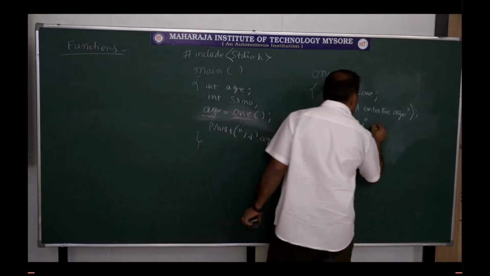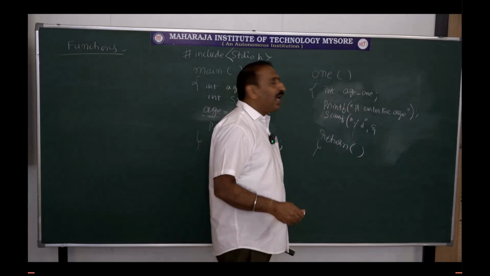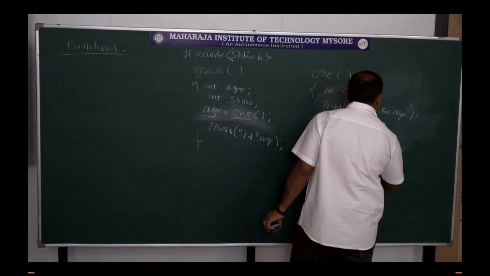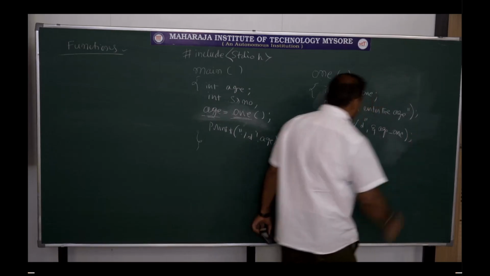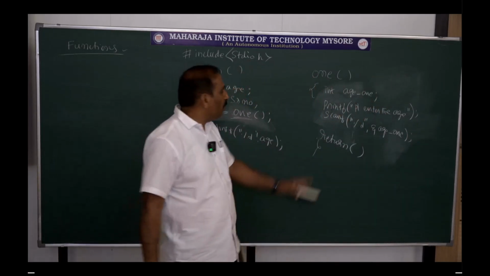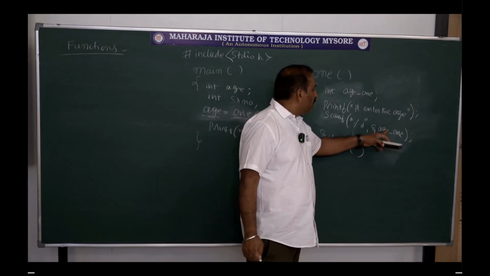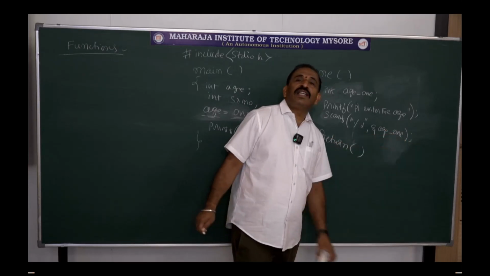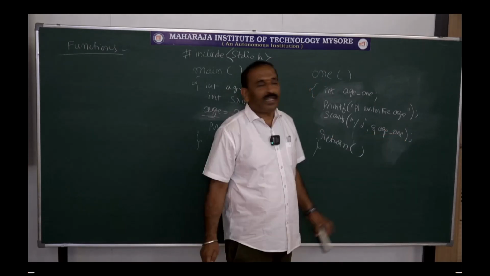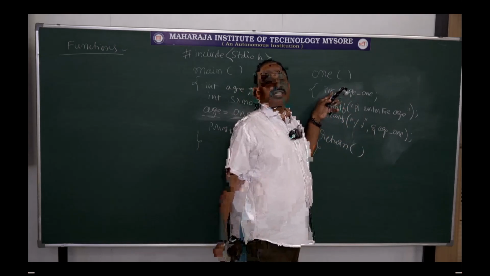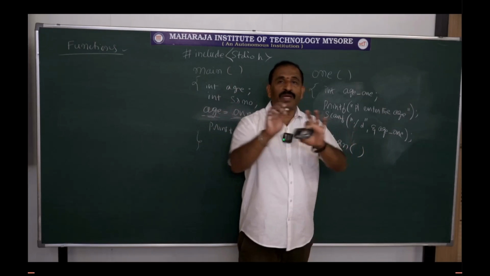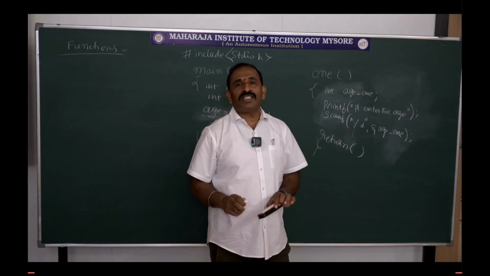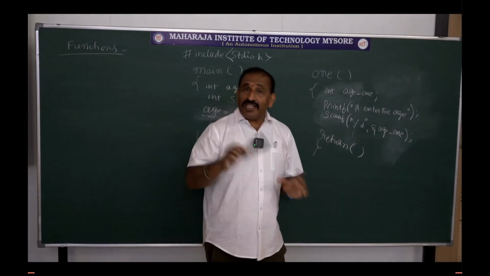Now I am reading the value, whatever is typed on the keyboard, and it is stored in age underscore 1. This is a variable of type integer in this function. Now somebody has typed the age as 26. Where is it stored?